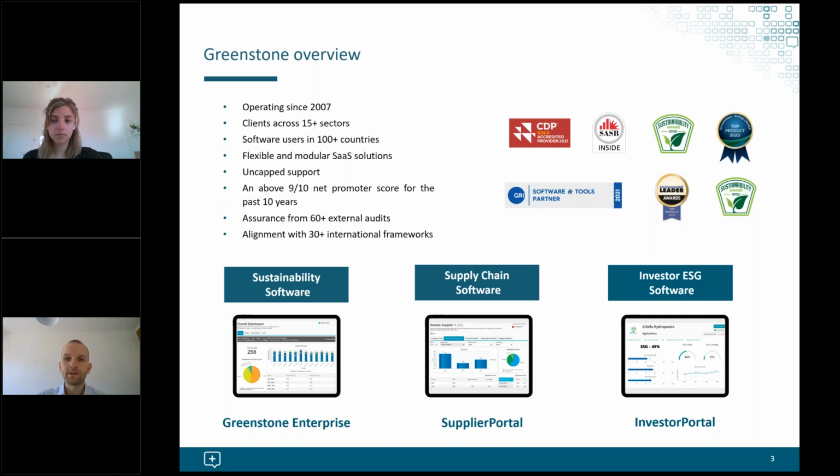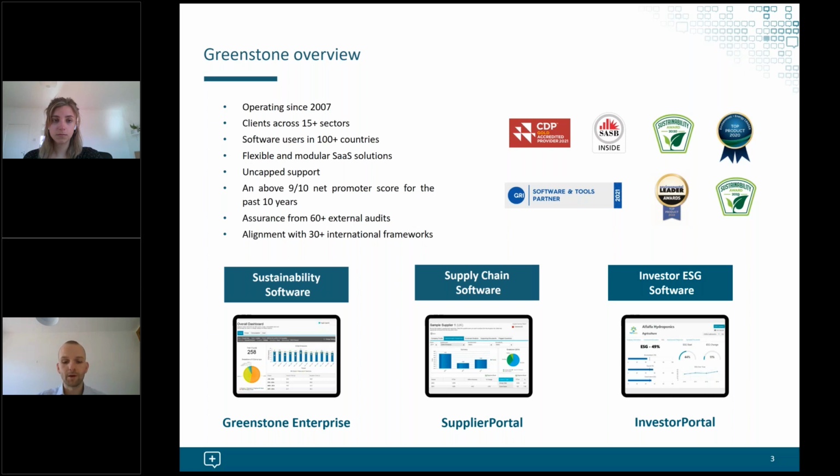We have a sustainability focused product, Greenstone Enterprise, and that enables complete Scope 1, 2, and 3 emissions reporting in line with the GHG protocol, CDP, and other requirements, and also enables tracking of targets, science-based targets, net zero targets, and other framework reporting, so GRI, CDP, etc.